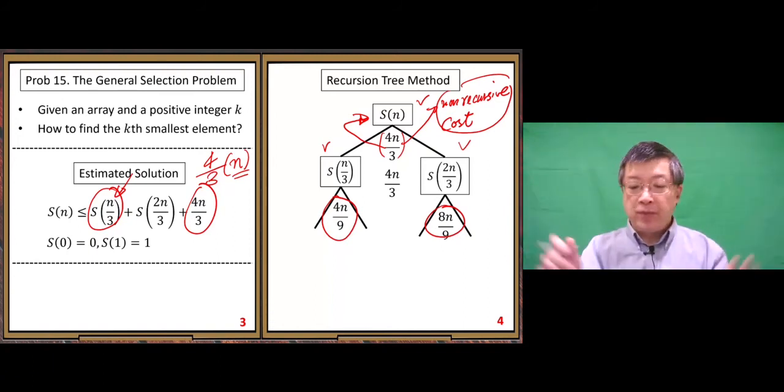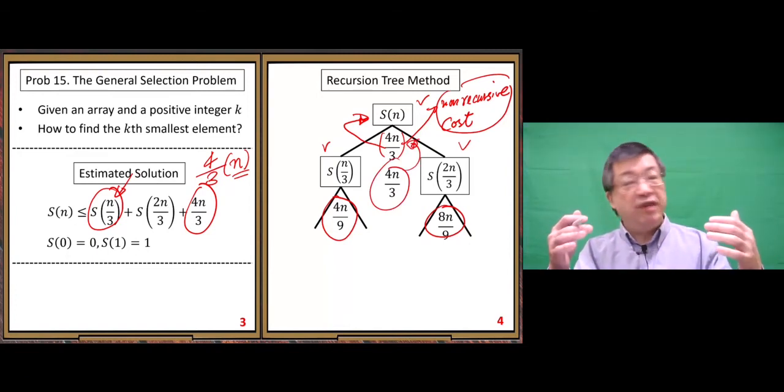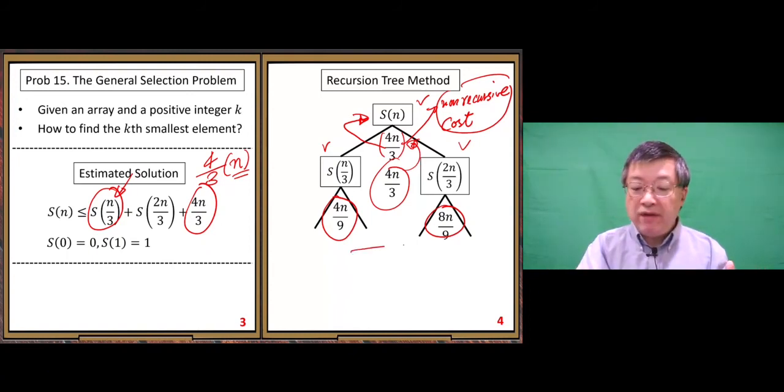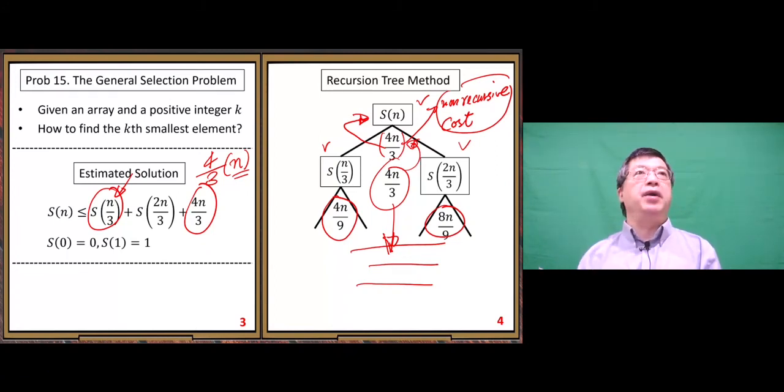You add them together, also 4n over 3, the same as the non-recursive cost in the previous level. With this observation, you can expect that with more and more levels, each level we pay this same non-recursive cost until we reach the very bottom. And then we stop.